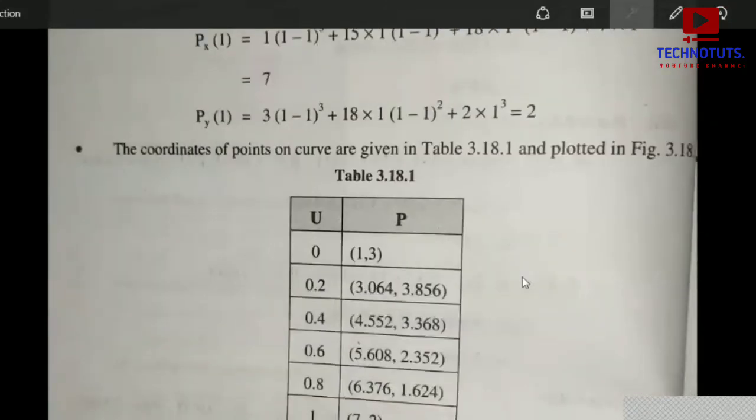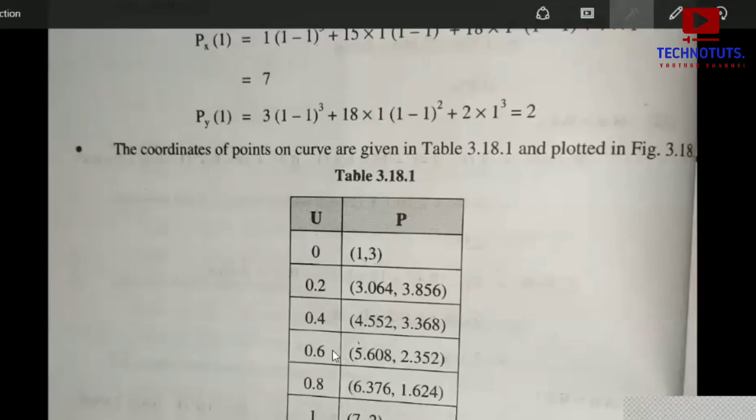Okay. So, let us write down the points obtained when the values of u go from 0 to 1. When u is 0, the point is 1, 3. When u is 0.2, the point is 3.064 and 3.856. When u is 0.4, the point is 4.552, 3.368.